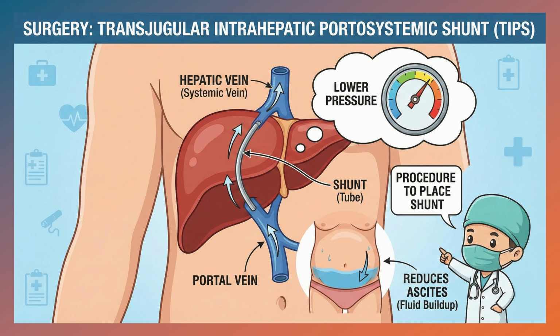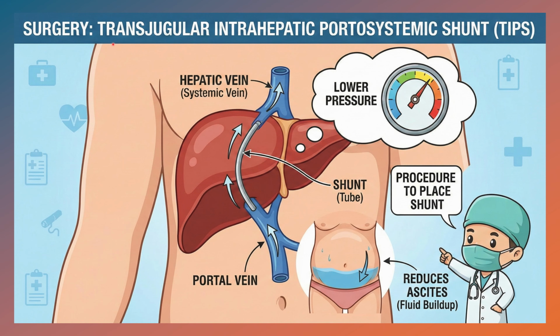From that long list, I found this keyword as a surgery. So it's transjugular intrahepatic portosystemic shunt.